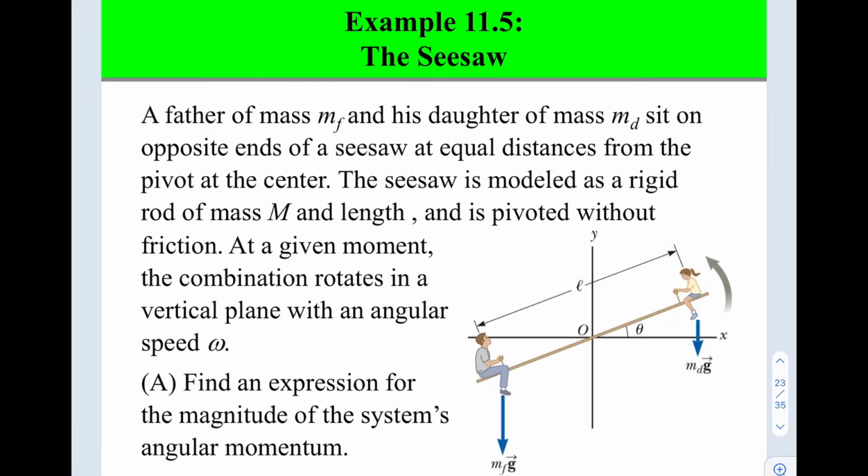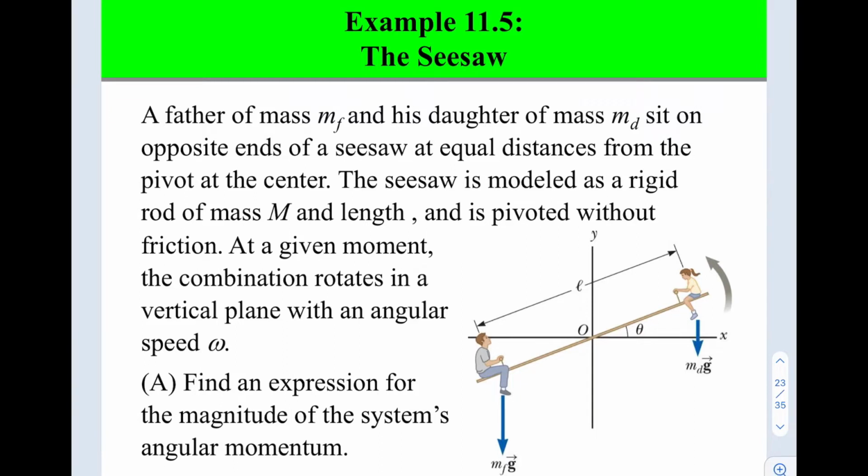Example 11.5, the seesaw. A father of mass MF and his daughter of mass MD sit on opposite ends of a seesaw at equal distances from the pivot at the center. The seesaw is modeled as a rigid rod of mass M and length L and is pivoted without friction.